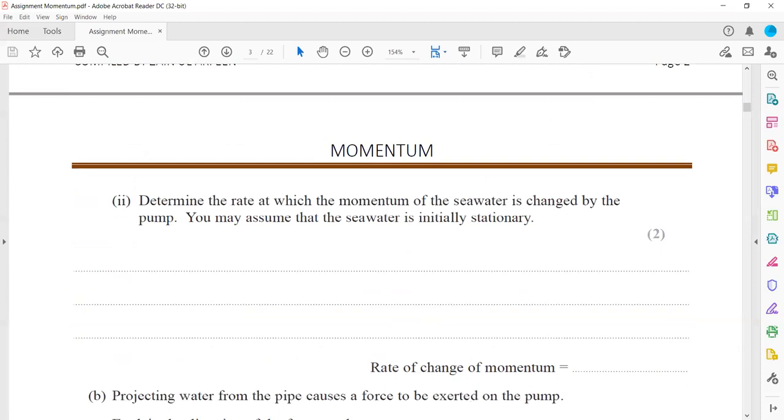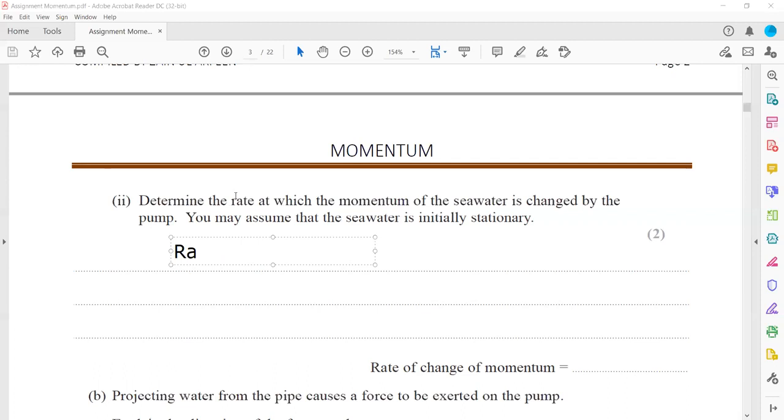So to calculate the rate of change in momentum, there are two formulas. One is force times time, and the other one is the change in momentum divided by the time interval.